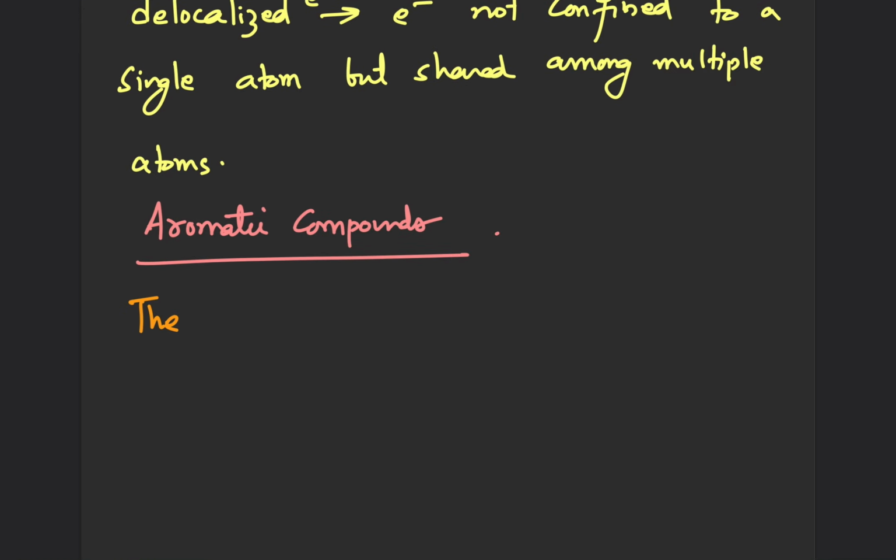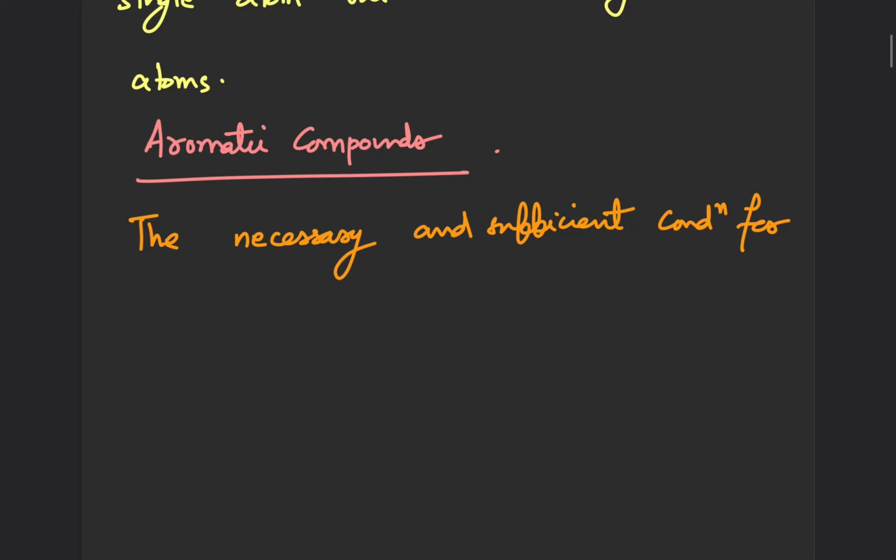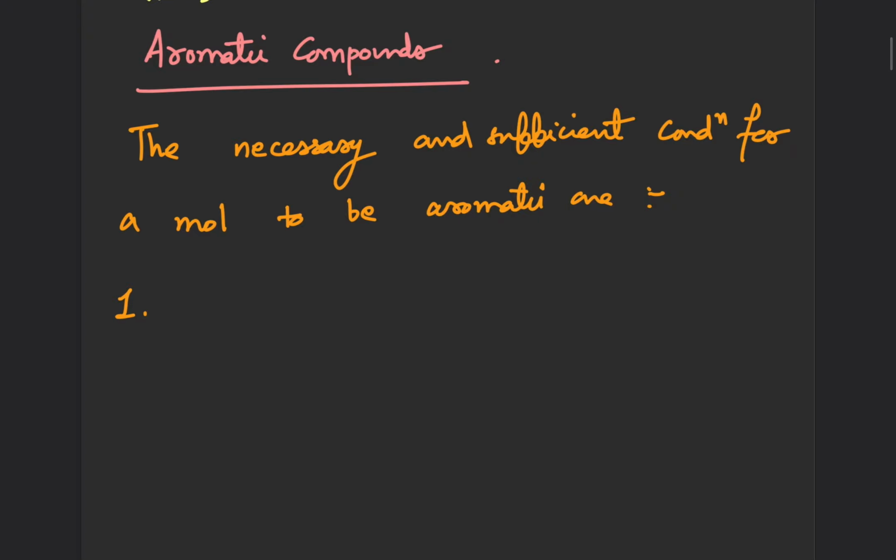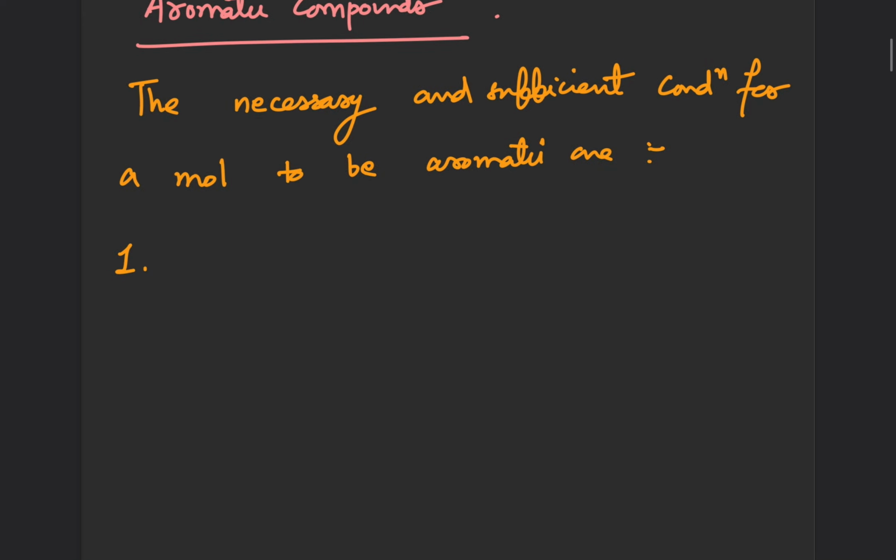The necessary and sufficient conditions for a molecule to be aromatic are: first, it should have a single cyclic cloud of delocalized pi electrons above and below the plane of the molecule.